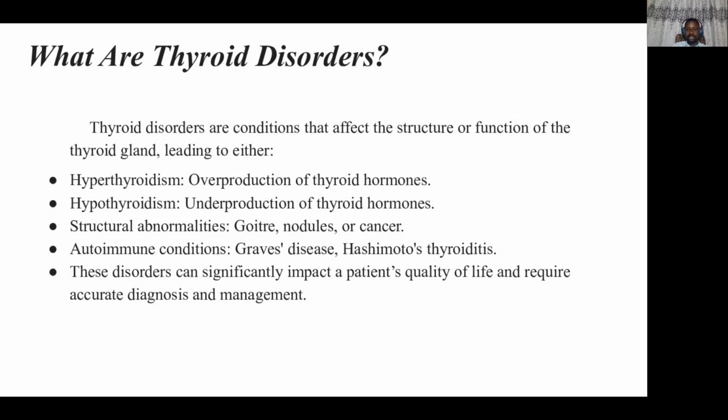These disorders can significantly impact a patient's quality of life and require prompt diagnosis and comprehensive management. Without wasting time, let's look at the two thyroid disorders that we'll be talking about tonight.